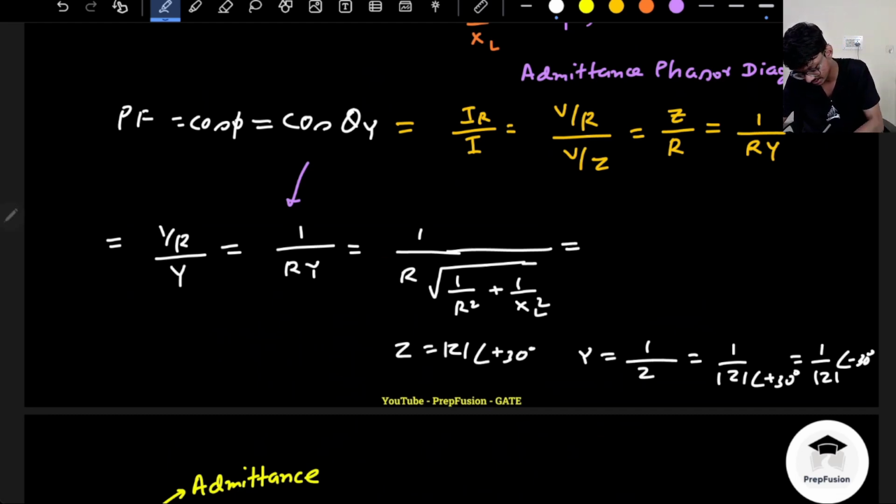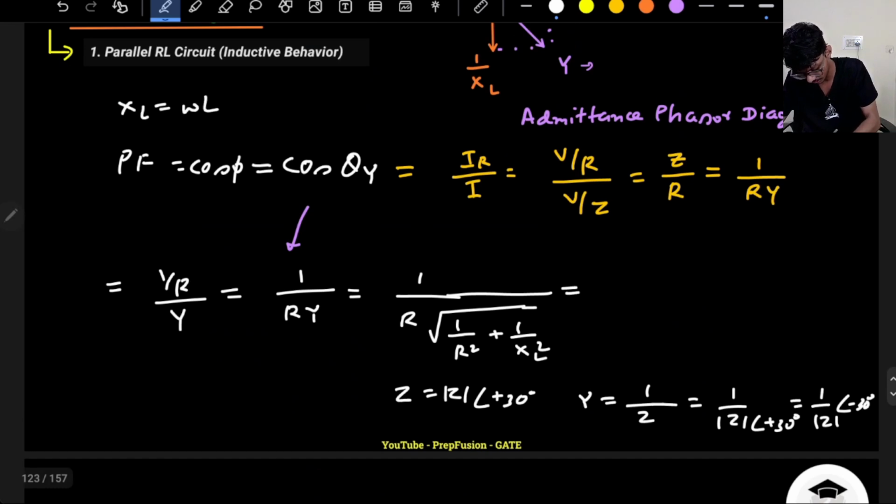So I can replace XL. XL is simply omega into L, the magnitude of XL.